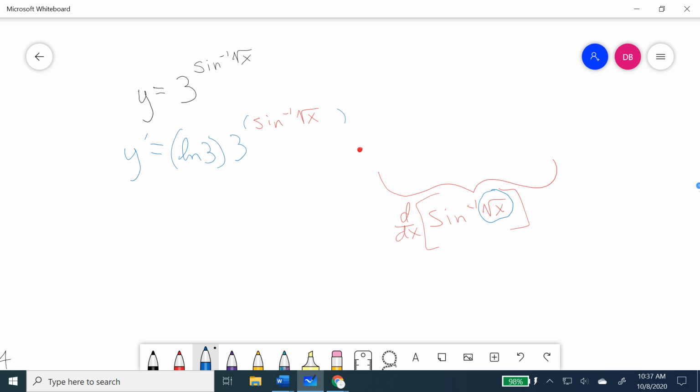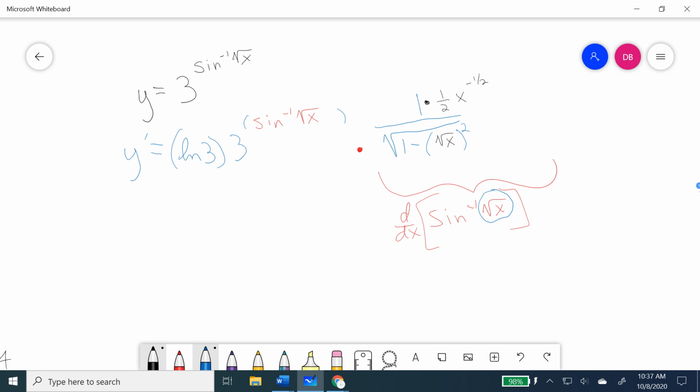I remember it's 1 over the square root of 1 minus blah squared. And then you go back to chain ruling. So I am going to give mommy the baby and multiply either to the side or up in the numerator, it's up to you, by the derivative of root x, giving you 1/2 x to the negative 1/2.